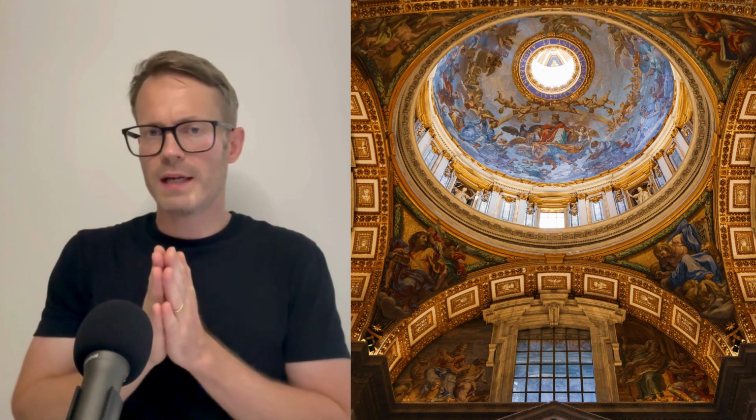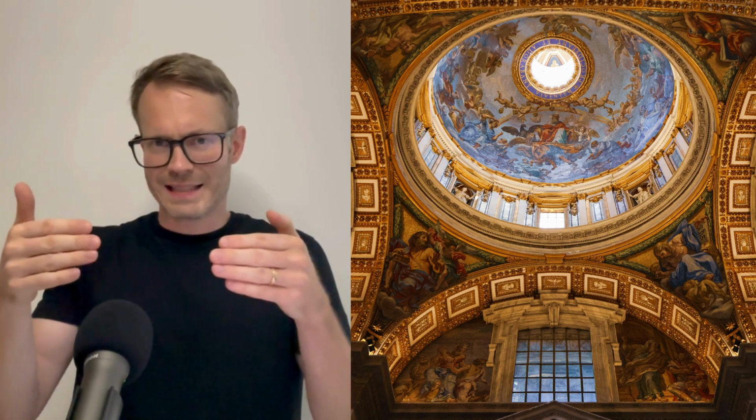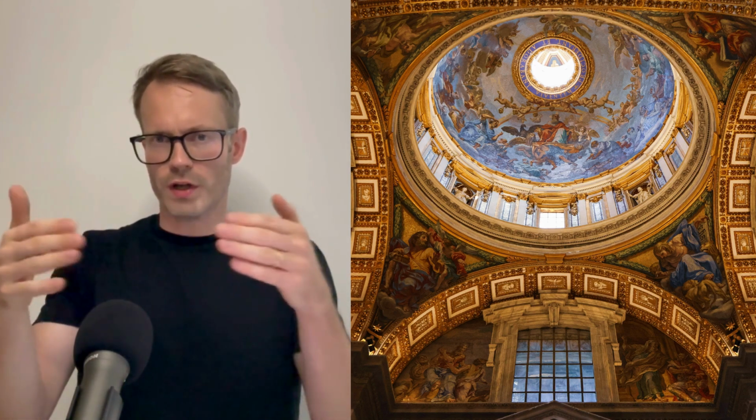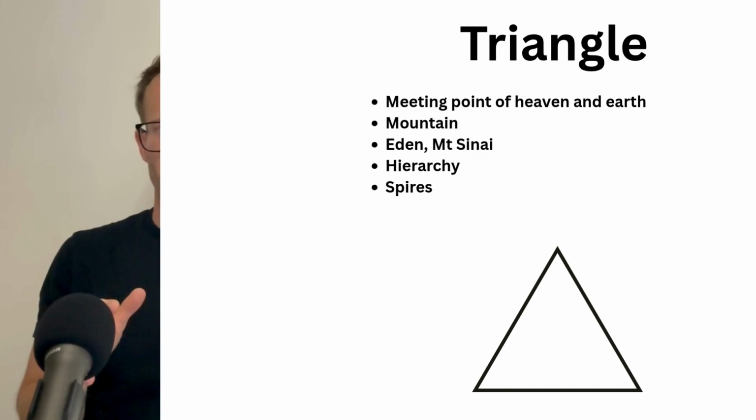But the square is also about judgment. It has these cutting corners, straight corners. And this is depicted on the floor of the church, in the black and white squares.